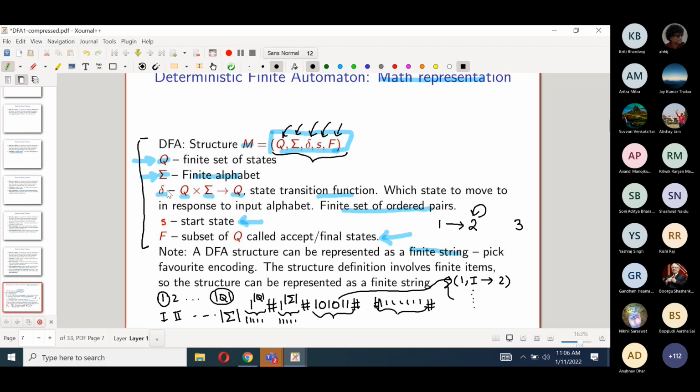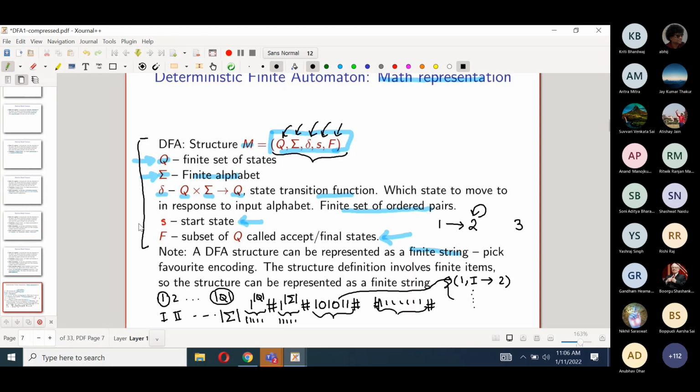I'm just saying that you have a finite set of states, you have a finite set of symbols to denote your input alphabet. Because your set of states and the number of alphabet symbols is finite, you also therefore have a finite set of transitions.